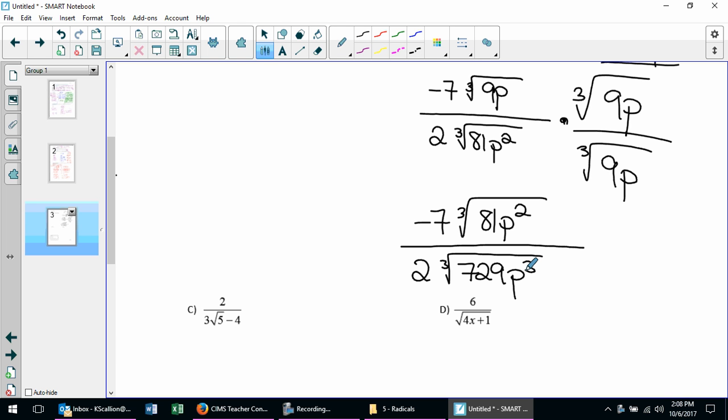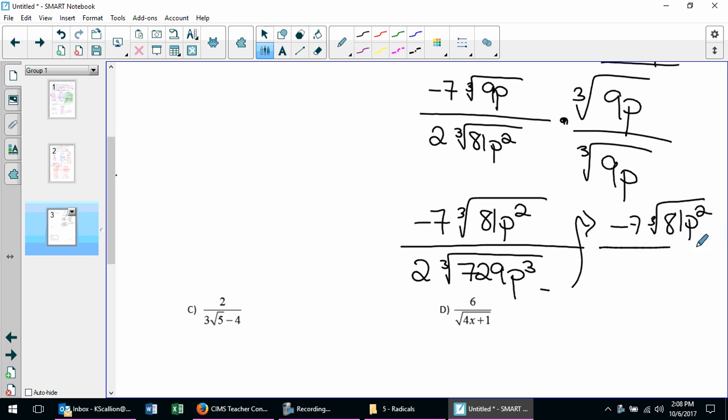So now 729 is a perfect cube. P cubed is a perfect cube. So now my denominator, I've left myself room. My numerator is going to be -7 cube root of 81p squared.